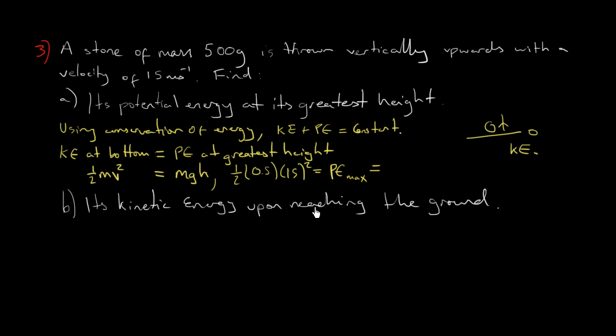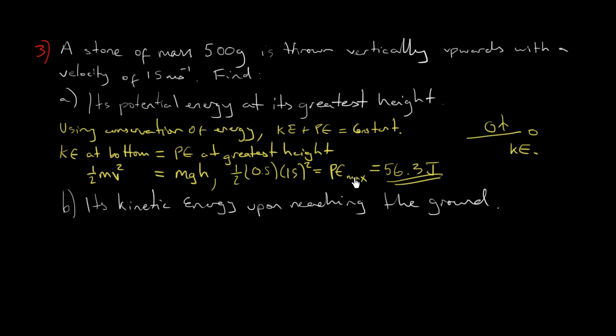I start from the right to the left because that way I can do the squared already and make fewer mistakes, times 0.5 times 0.5 again, because 1/2 is also 0.5, so that's 56.25, which to three significant figures is 56.3 joules. So that will be our potential energy at the maximum height.